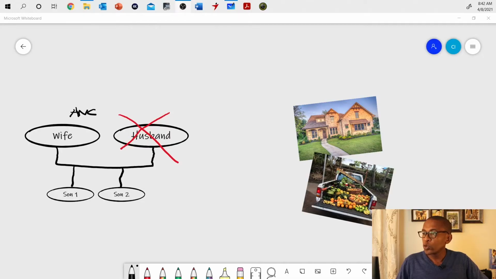Let's further assume that the husband owned a house which is worth 5 million rands, all in his name, and he also had a citrus farm which was worth 15 million rands.